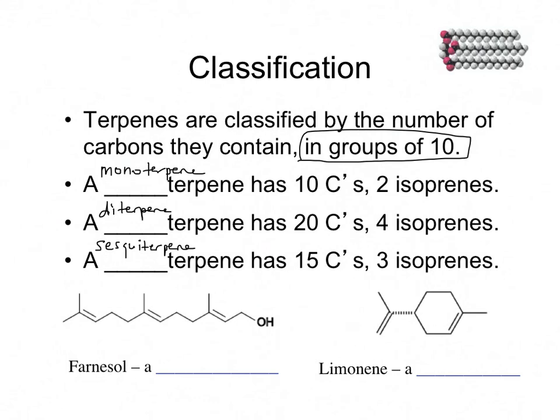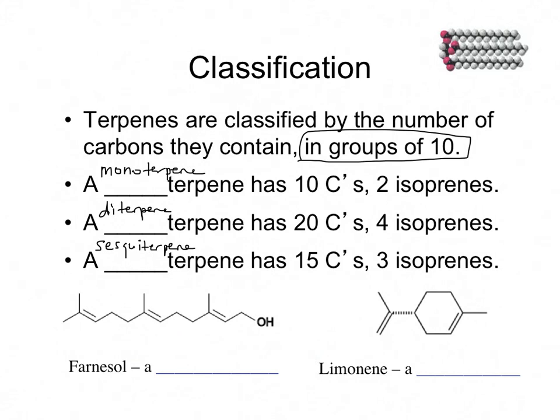There are, of course, others as things get larger, and if you ever run into them, you can look up what they are. Now let's find the isoprene units in these two molecules, and then classify them as monoterpene, diterpene, or sesquiterpene.